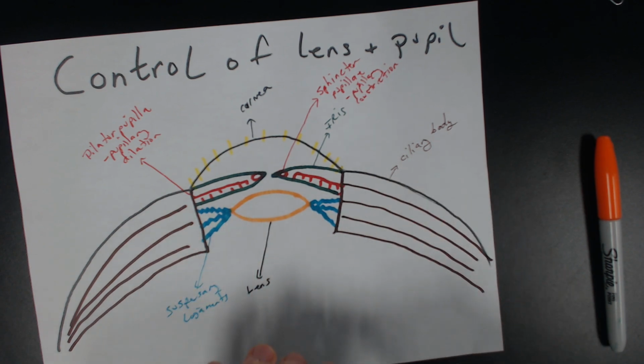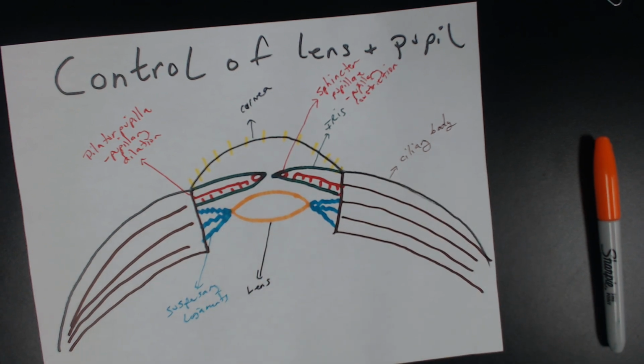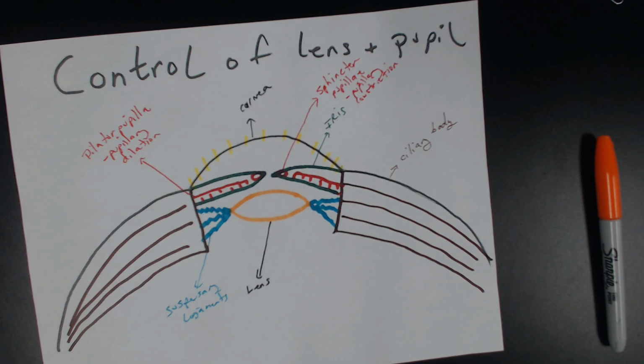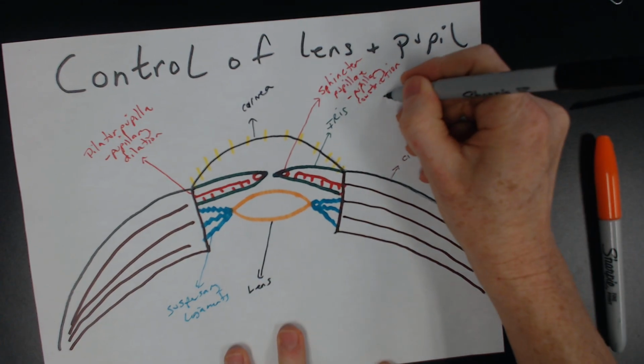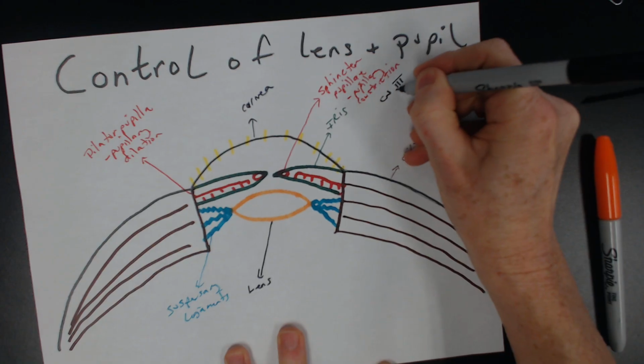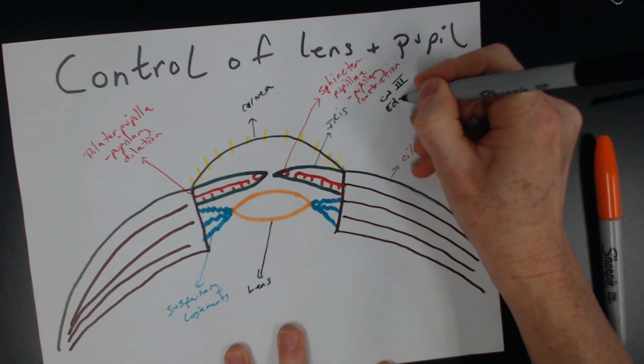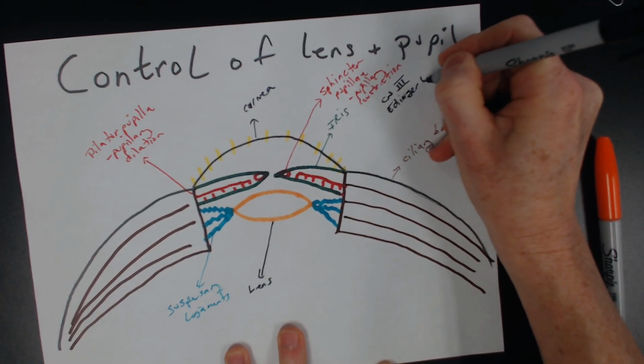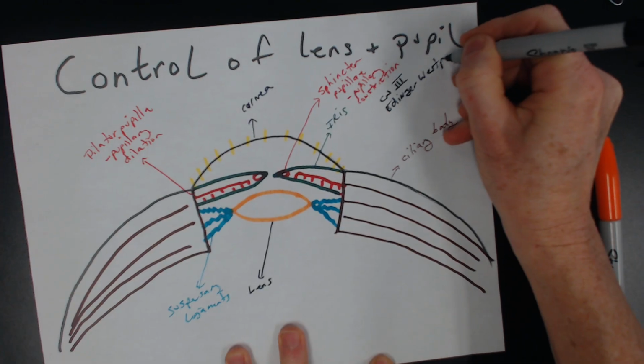Does anybody remember the name of the cranial nerve nuclei that's responsible for pupillary constriction and lens accommodation? Edinger-Westphal, yes. So cranial nerve number 3 uses the Edinger-Westphal nucleus.